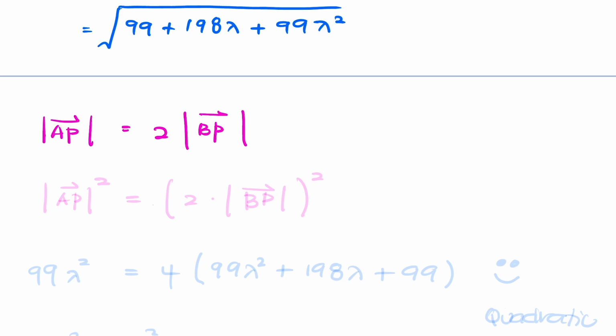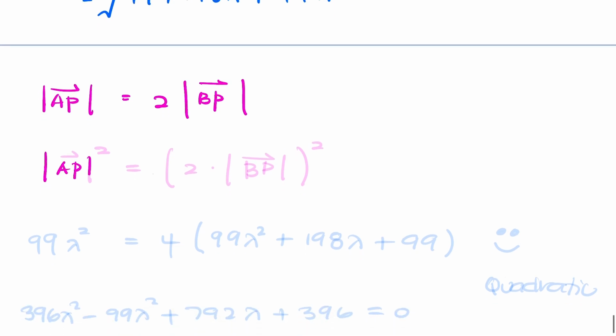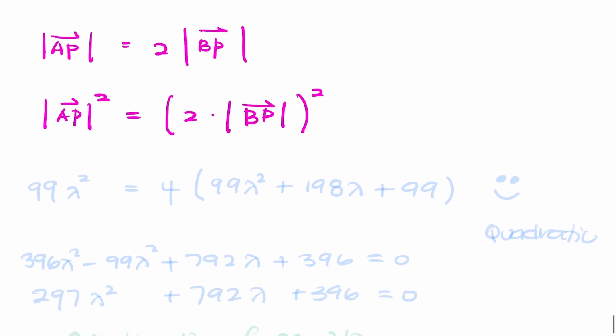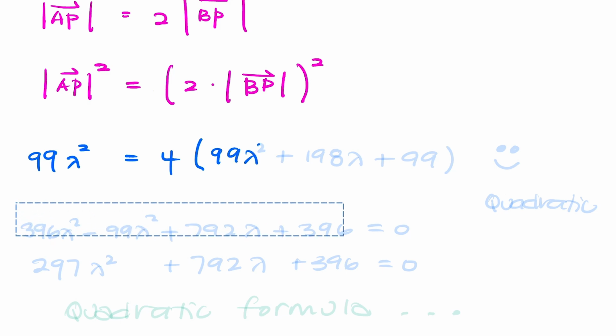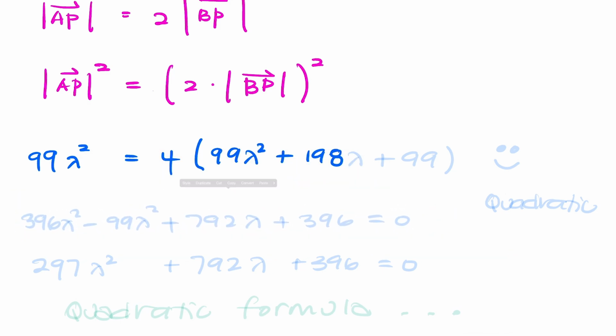To get rid of the surd, we can say the modulus of AP squared is that all squared. So we can then say that 99 lambda squared is equal to 4 times 99 lambda squared plus 198 lambda plus 99.